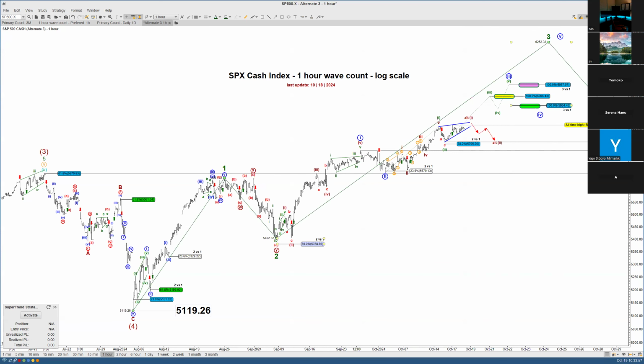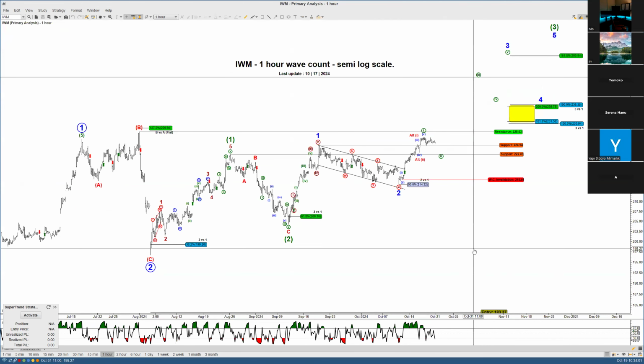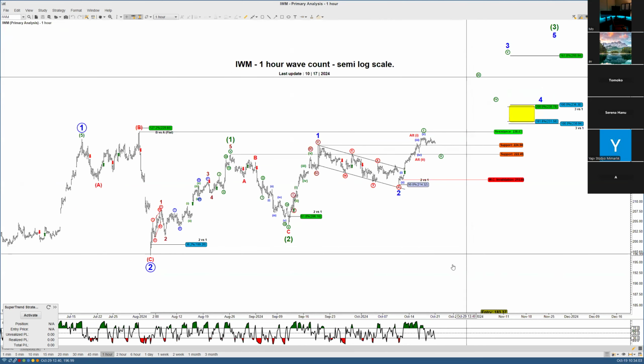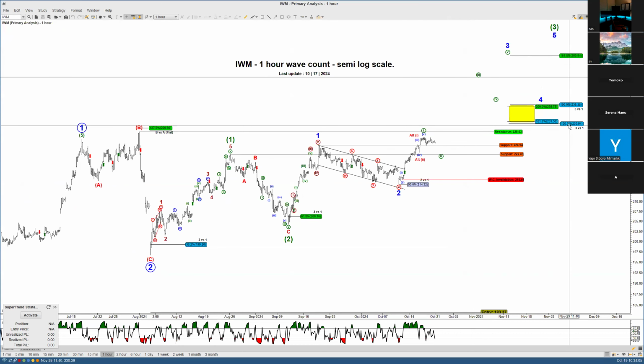Okay. The same thing here on IWM now. Every time you look at the wave count on the chart room or wherever, you have to pay attention to 2 fibs, 100 and 161.8.